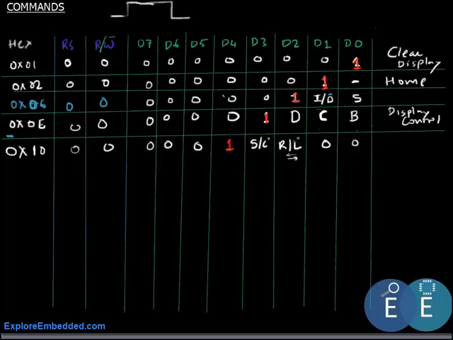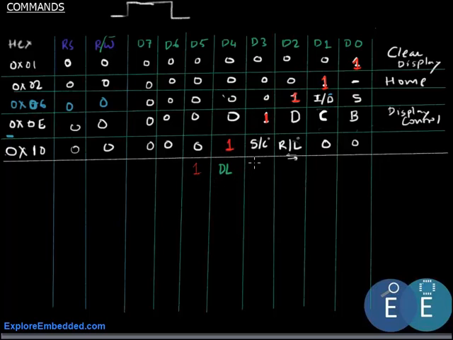Now similarly, the next command is an important one. For the next command, the 1 shifts here. The next bit is called the display length, or the data bus length, we could call it.